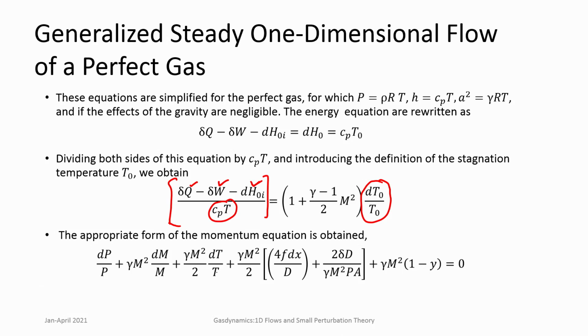Similarly, we can write the momentum equation in terms of dP by P, dM by M, dT by T, and so on. Here you have, of course, dm dot by m dot.